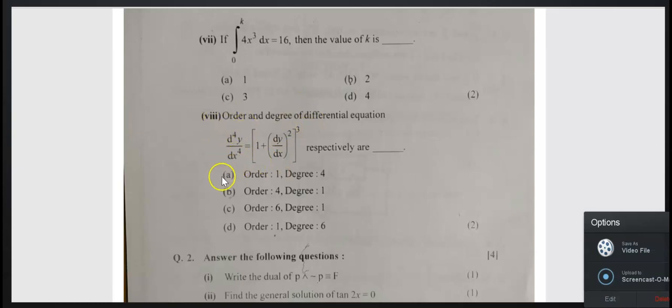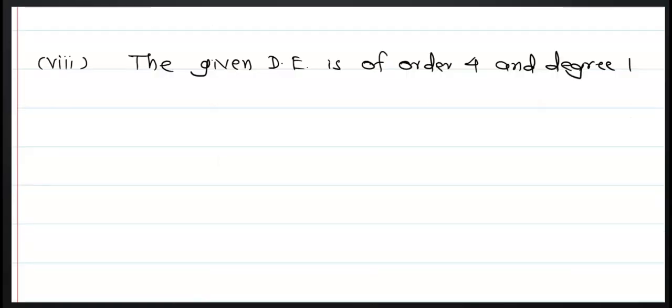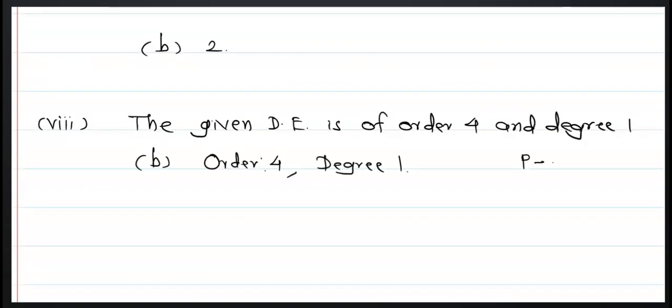But what is the highest order? The highest order is d^4y upon dx^4. Therefore, its exponent is 1. Therefore, order is 4 and degree is 1. And that's why option B is the correct one. Order is 4 and degree is 1.